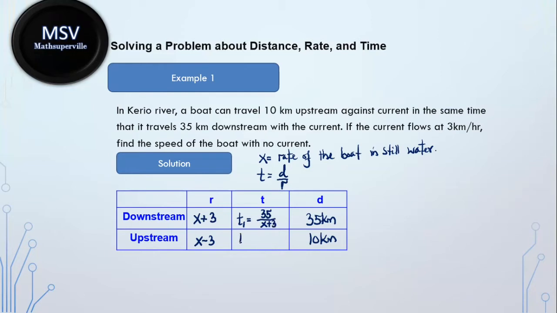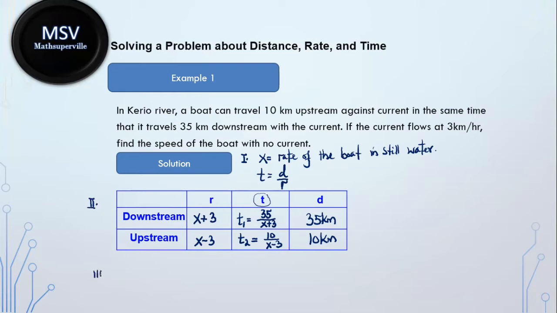To go upstream, the time should be 10 kilometers divided by x minus 3. So this is the time. We will call the first part, where we are identifying the variables, our first step. The second step is where we fill in the table.